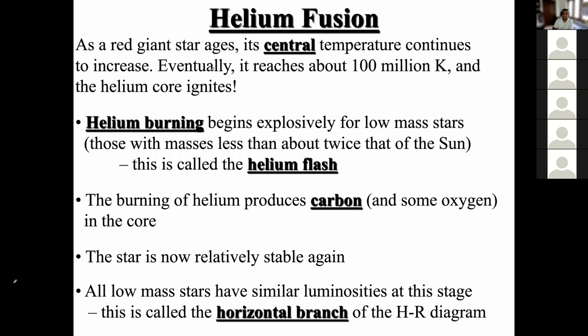Now let's look at what happens in this red giant phase, right? So remember that stars were in the main sequence initially. Now, when we move into the red giant stage, the central temperature of this star continues to increase, right? You know that we now have helium ash at the central region of the star. You remember that I told you there are only two basic forces that apply to these stars.